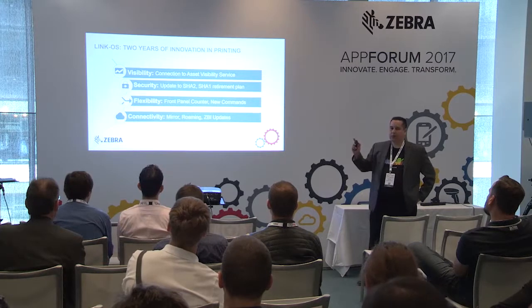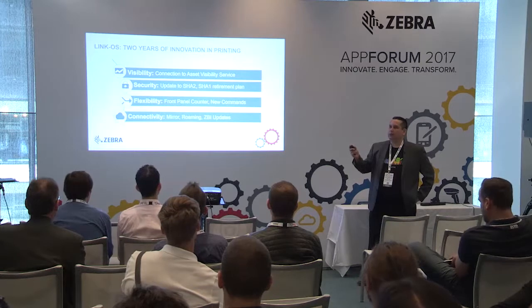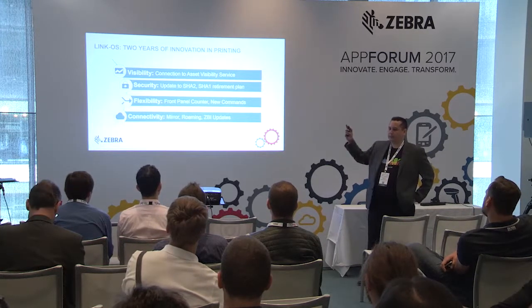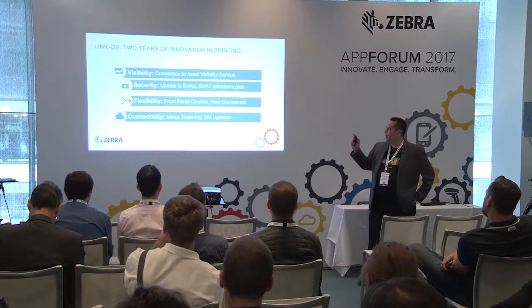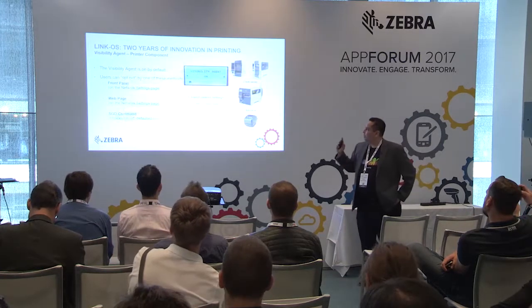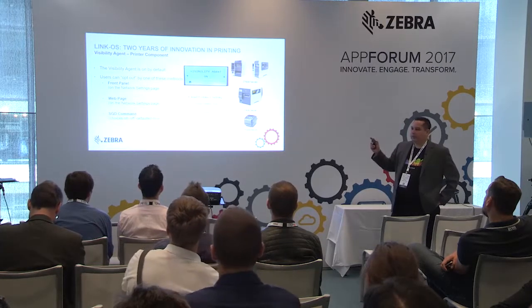New SGD commands allow you to do things that customers had requested before. Connectivity, we made some improvements to mirror, roaming, and CBI updates. This is the most important implementation that we did with LinkOS 4.0.